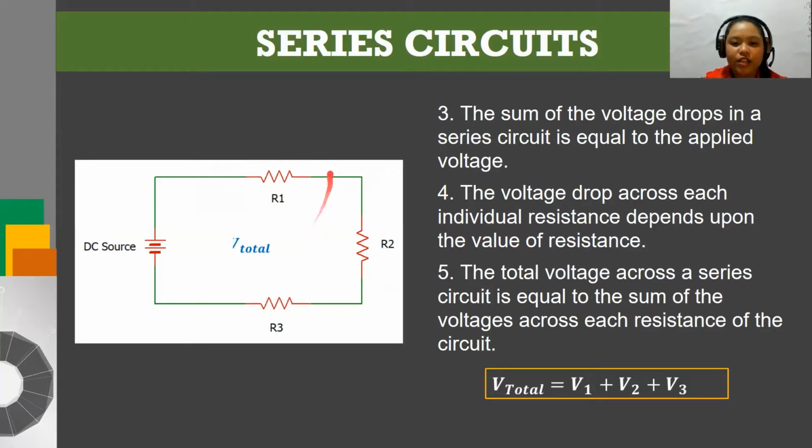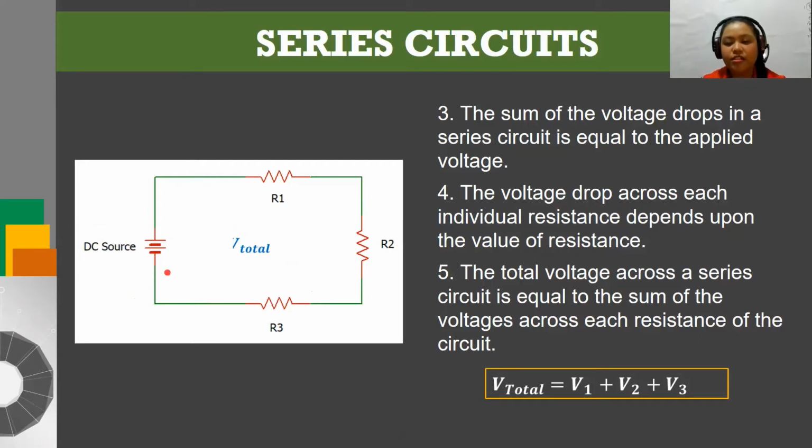So we have the voltage drop in resistor 1, which is V1. We also have the voltage drop in resistor 2, which is V2, and the voltage drop in resistor 3 is V3. So the total voltage is just equal to the applied voltage, or your DC source.